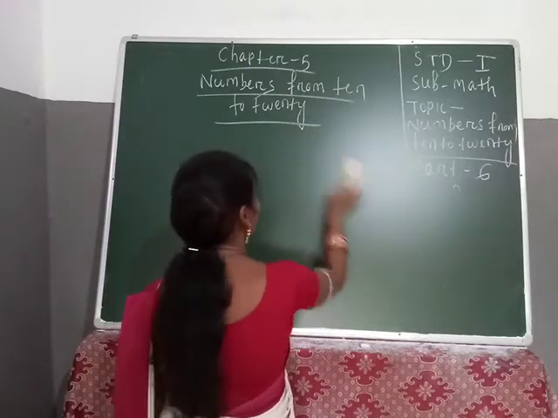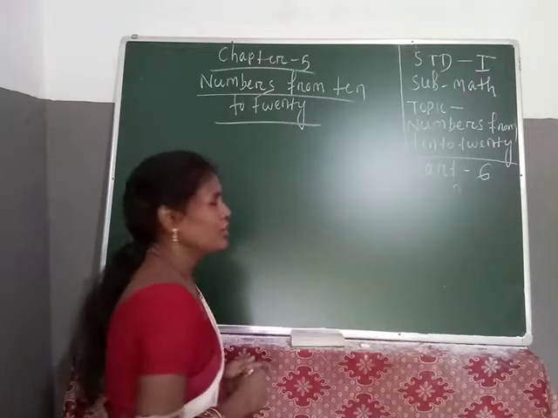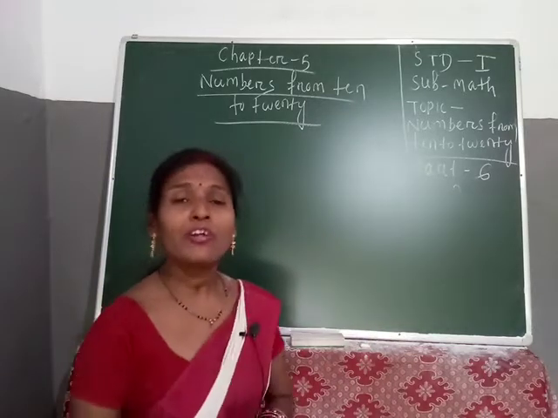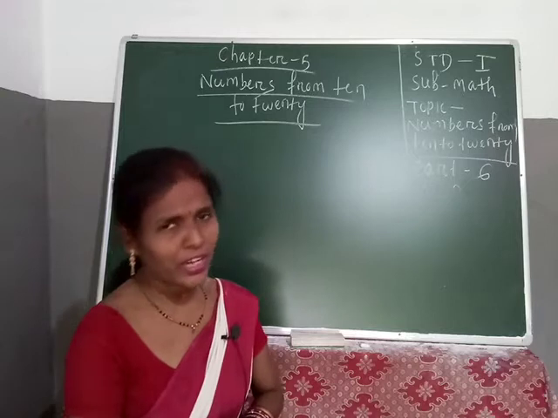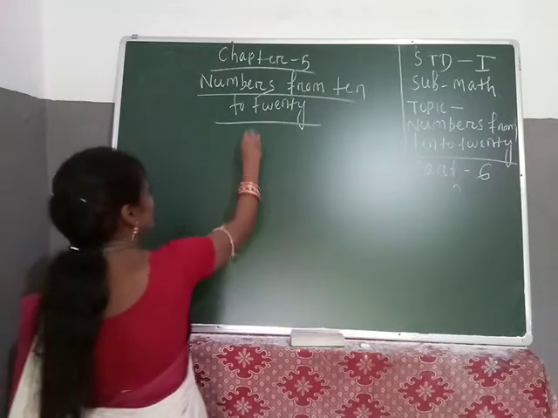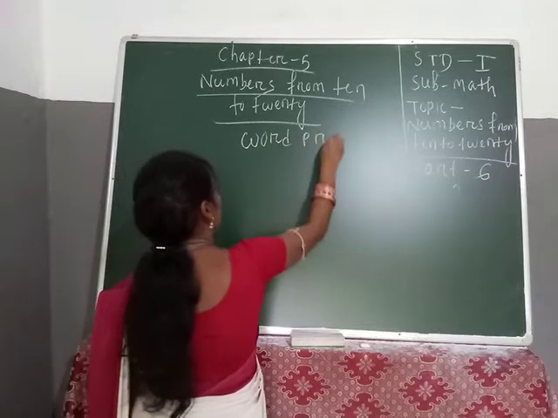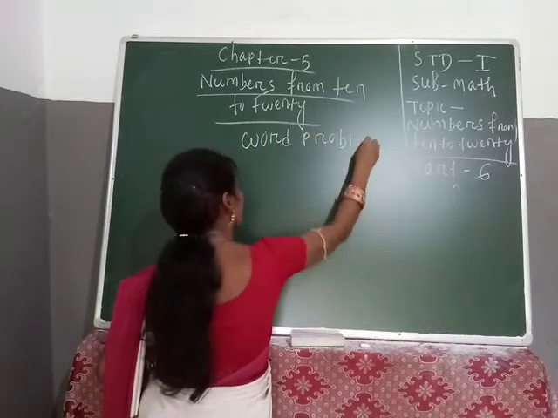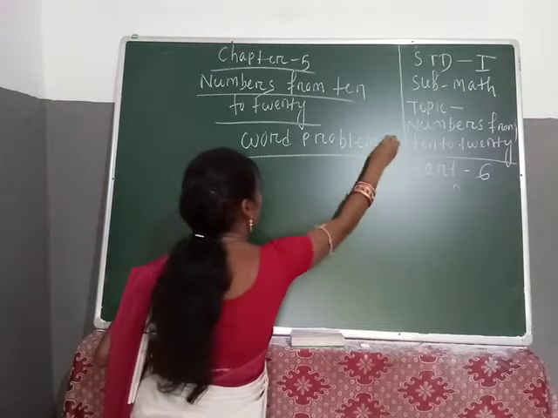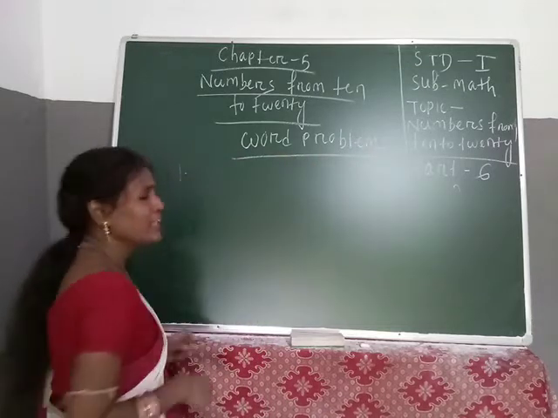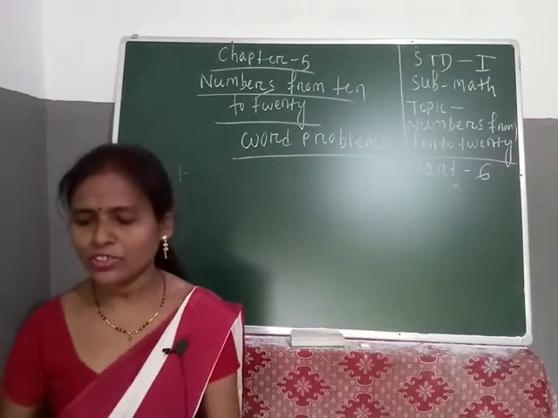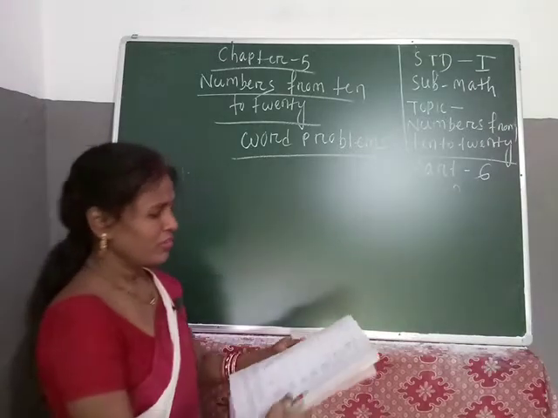This is the row method; the other is the vertical or column method, which I have discussed with you. Now we will discuss word problems. Number 1 question. Let us see, students, that is also given in your book.